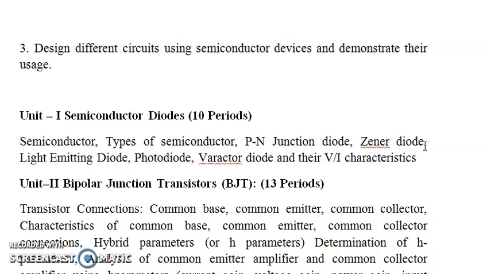PN junction diode conducts in forward biasing, whereas the Zener diode works in reverse biasing. What is biasing? What are the types of biasings? Forward biasing, reverse biasing. All these things we are going to discuss in detail in next lecture.